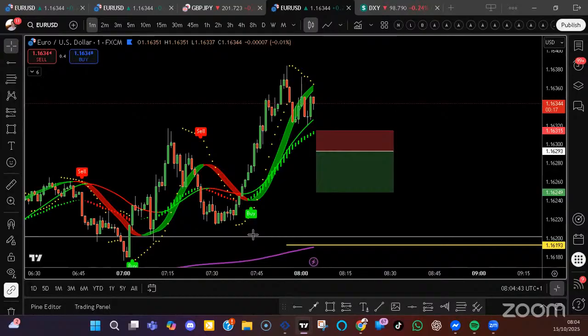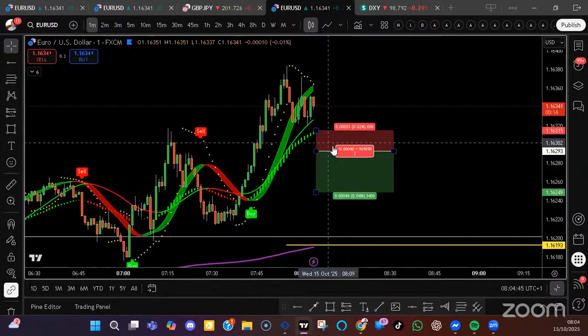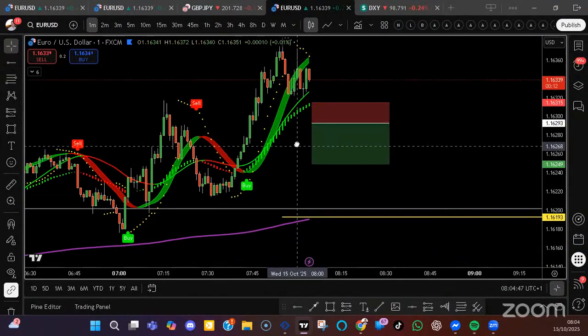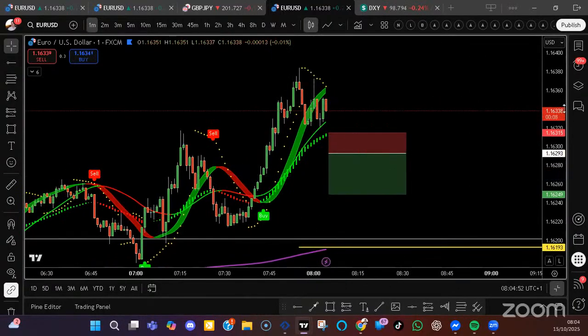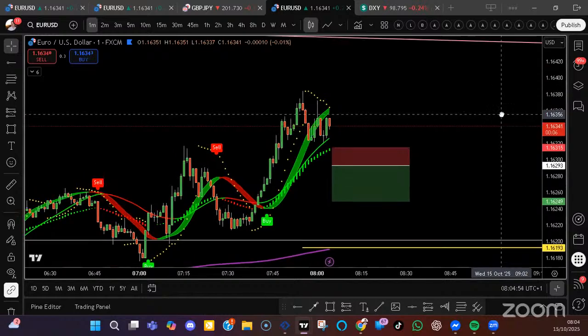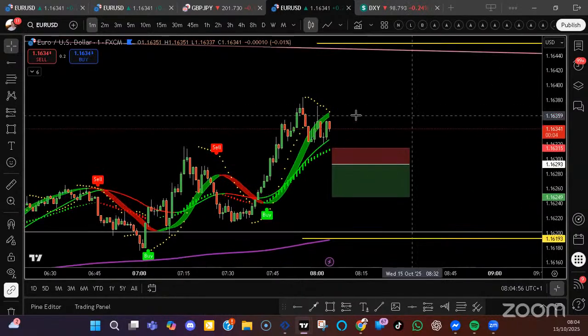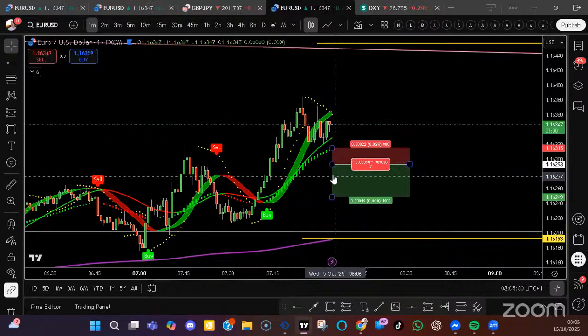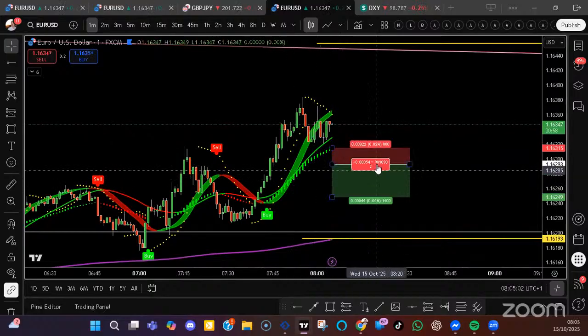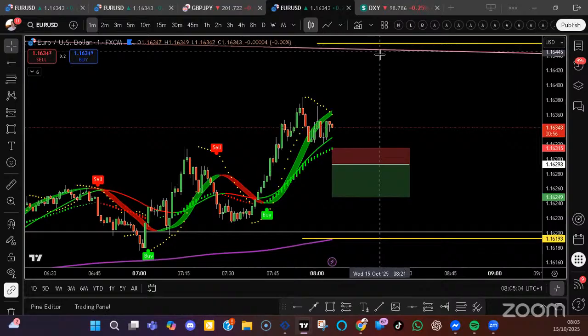And this might not even come to anything. The best scenario really is to get a small sell, not take it, and then it develops into another buy going up to these levels up here.